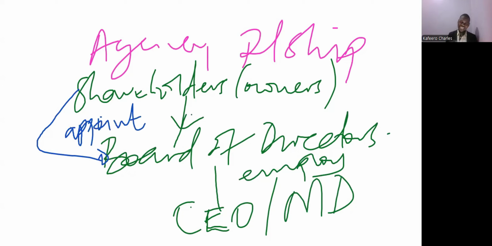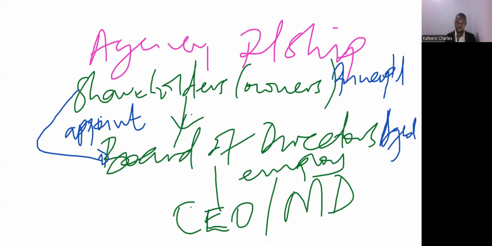So once they appoint you, it means the board of directors are going to be the agent and the shareholders are going to be the principal. Remember, I told you when you're explaining the agency relationship, you make sure you show the agent and the principal. That's the principle for you to get the correct mark for explaining this.